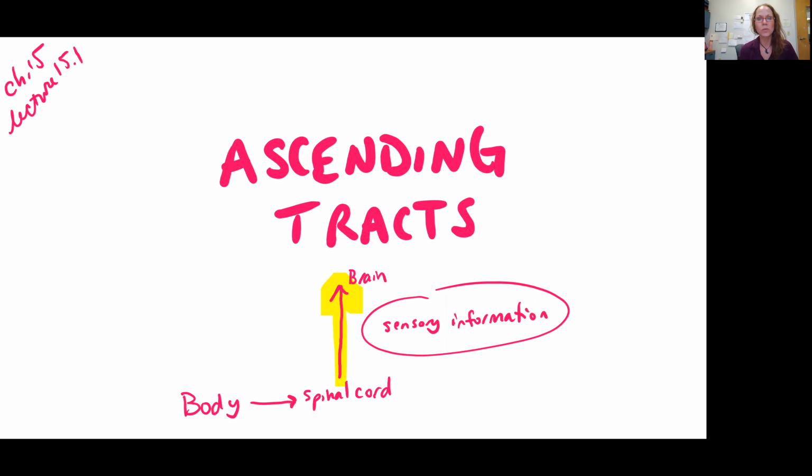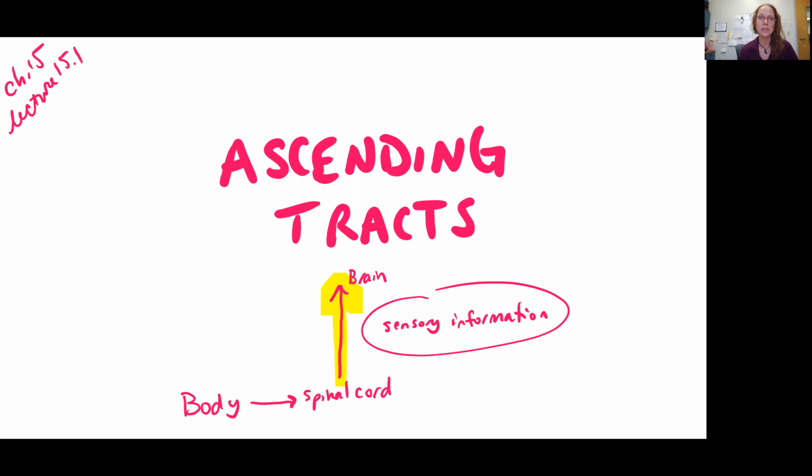And because the right brain is controlling the left side of the body and vice versa, we need to pay attention to when this information is going to cross from one side of the body to the next, and that crossing over is called decussation. So we're paying attention to exactly what type of information is traveling, where decussation is occurring, which is usually either the spinal cord or the brainstem, and then where that final processing center is.